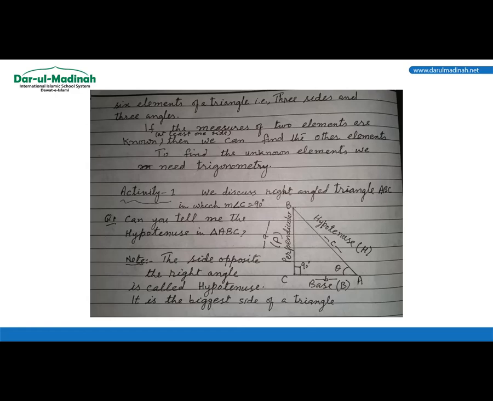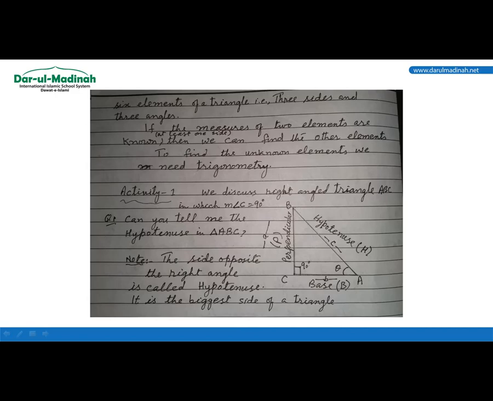And how many elements are there in a triangle? Yes, there are 6 elements: 3 sides and 3 angles. So, if the measures of 2 elements are known, with at least one side, then we can find the other elements.